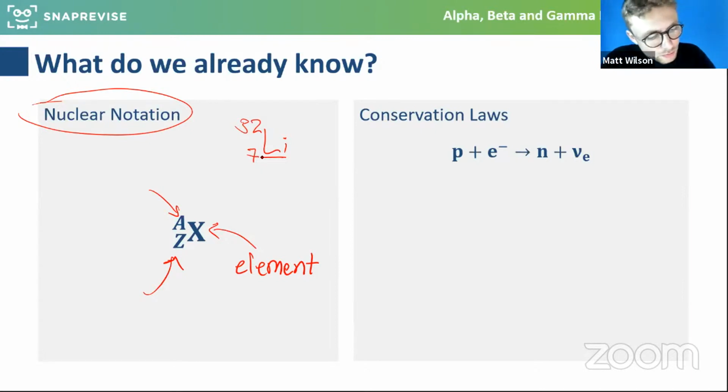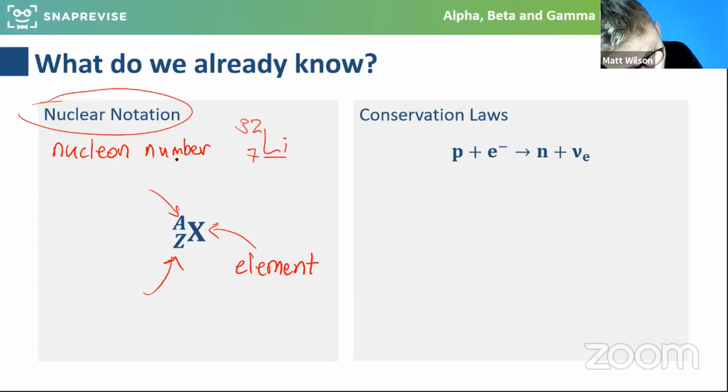Good. So we have a mass number or nucleon number at the top. I'm going to call it nucleon number, but mass number is also perfectly fine. It tells us the number of nucleons. Okay. Good.